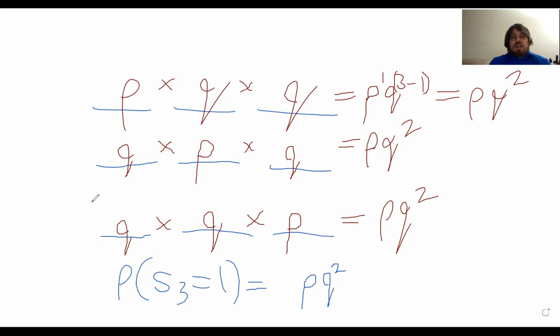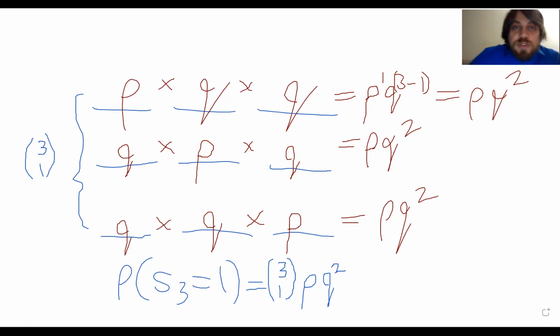And then, how many ways can you rearrange the successes and failures? That's 3 choose 1. You have 3 trials, and how many ways can you choose one of them to be a success? 3 choose 1, that's 3. And so the probability of exactly one success in 3 Bernoulli trials is 3 choose 1 times P times Q squared.